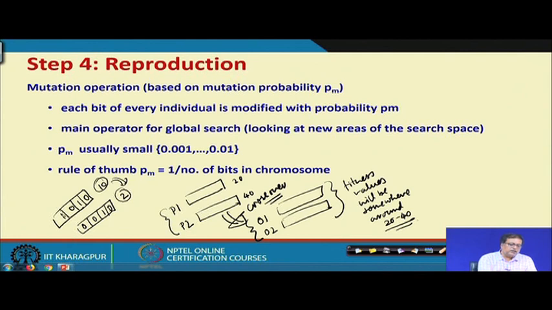By mutation I change this 1 to 0. As I change this 1 to 0, the value goes from 10 to 2. So, it is a drastic change. In other words, say this is my solution space, the number which was somewhere here has now come somewhere here.